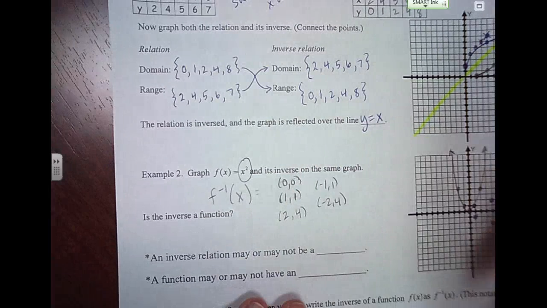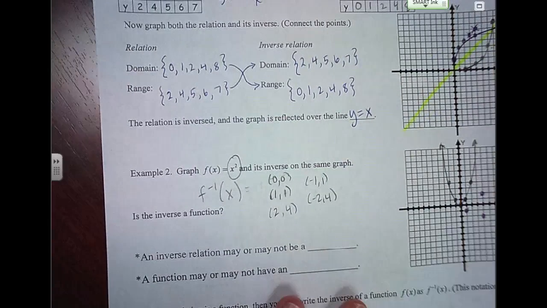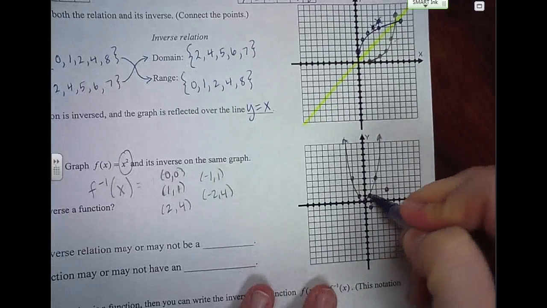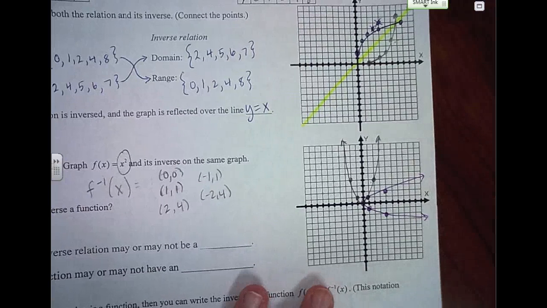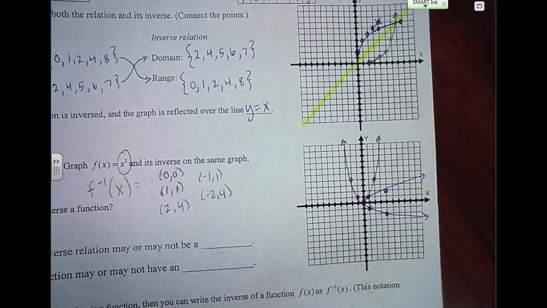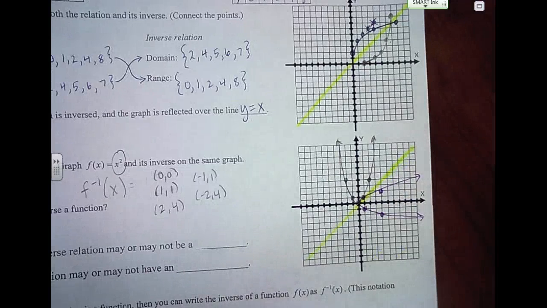You can take those coordinate points and just switch them like we did up top. That's how I'm getting the inverse function. If I graph this, it looks like that. And again, it's as though I just reflected it across that line, y equals x.